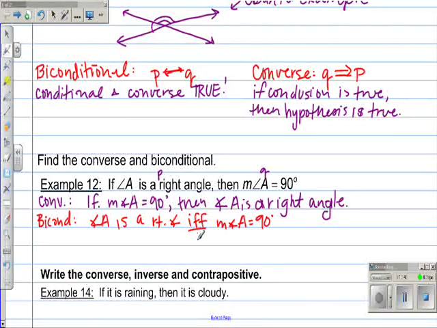Okay? That means it works backwards and forwards.